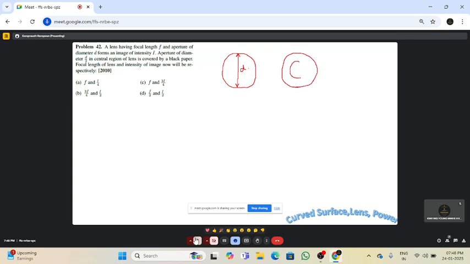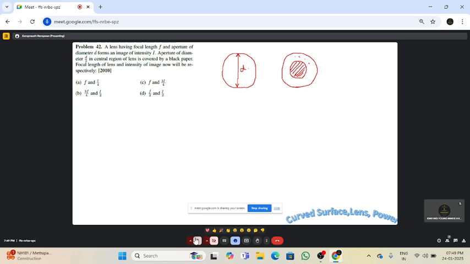So with a black paper of size d/2 you are covering this, which means the light cannot pass through this region, but the light can still pass through this outer rim. So it will still form the image, but the intensity will be reduced.